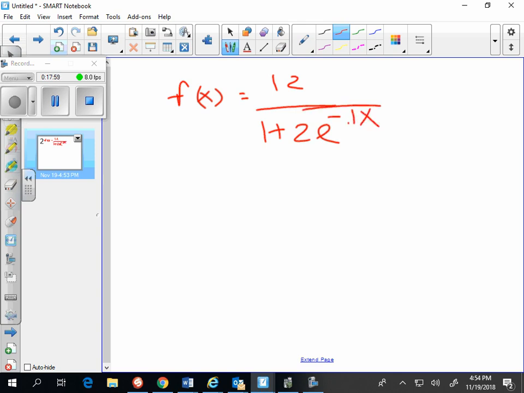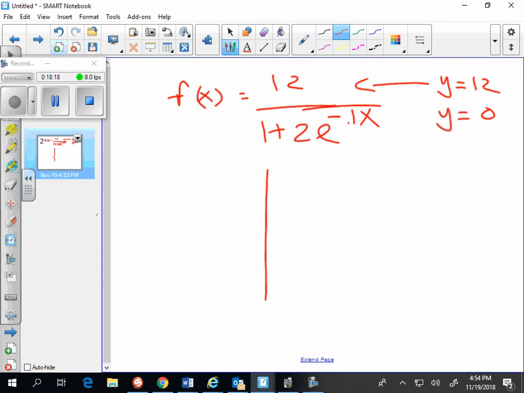So there's our logistic model. Now we know that this number on the top is our top horizontal asymptote, and we know that y equals 0 is our bottom horizontal asymptote. If I plug a 0 in for x, e to the 0 is 1, 1 times 2 is 2, 2 plus 1 is 3, 12 divided by 3 is 4.